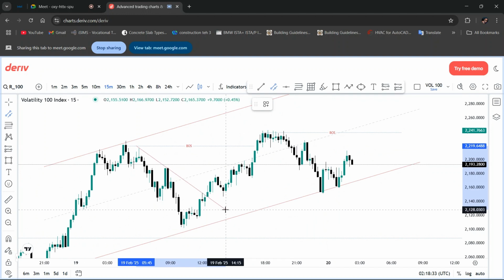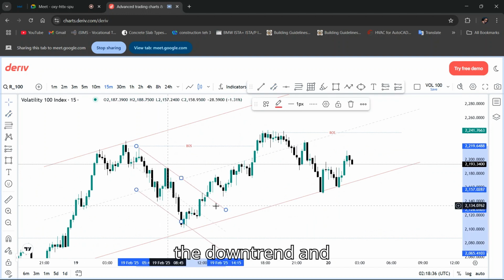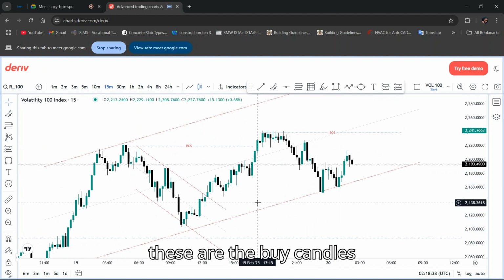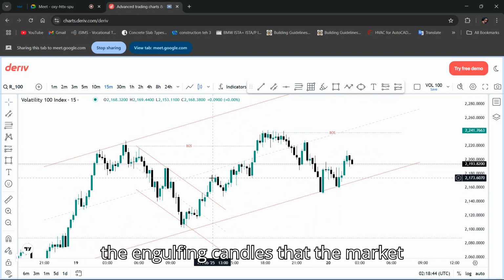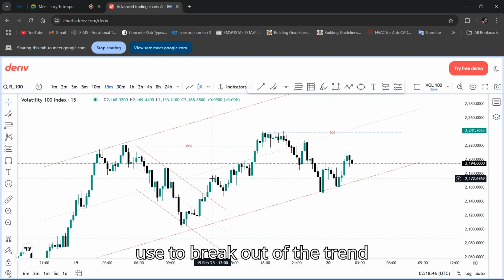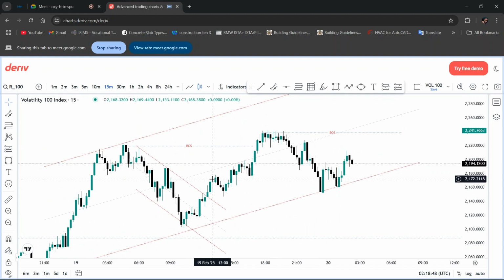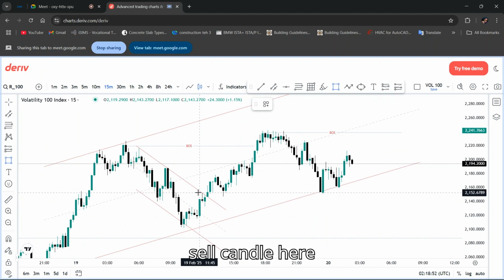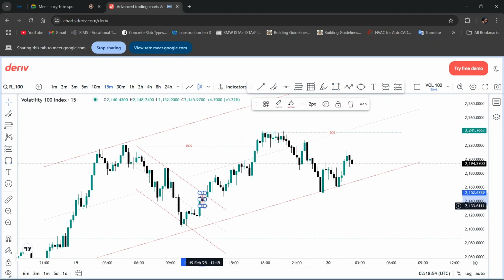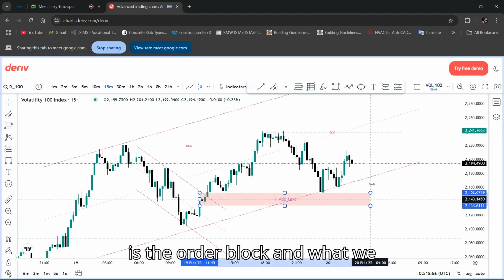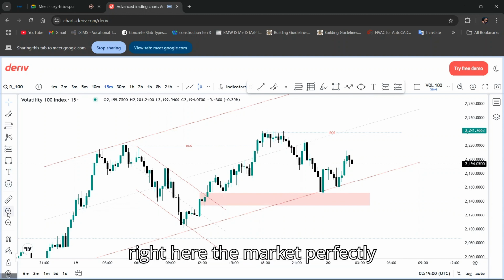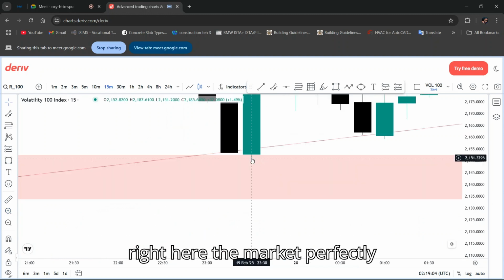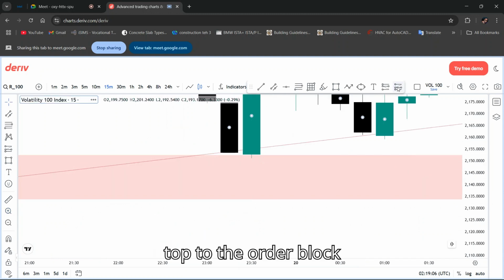This is the downtrend, and these are the buy candles, the engulfing candles that the market used to break out of the trend. So that would mean that this sell candle here is the order block. And what we can clearly see from that is that right here, the market perfectly topped the order block.